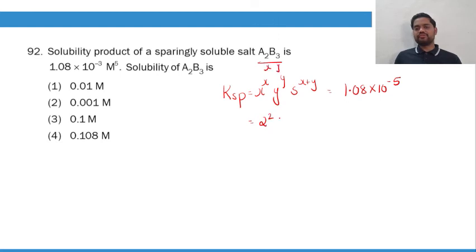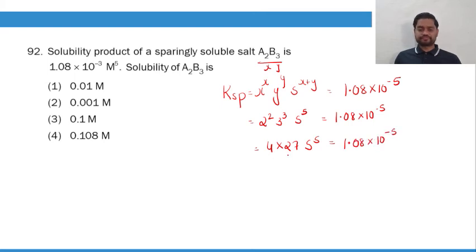So 2 raised to 2, 3 raised to 3, s raised to 2 plus 3, that is 5, equal to 1.08 into 10 raised to minus 5. 2 raised to 2 is 4, and this is 27, so 4 times 27 is 108.